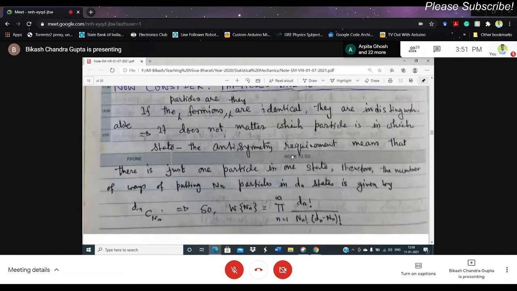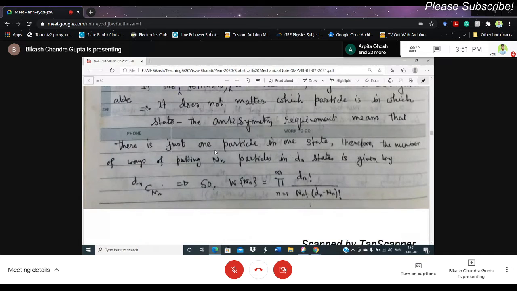The anti-symmetry requirement means that there is just one particle in one state, and therefore the number of ways of putting nn particles in dn states is given by dn choose nn, right? Because either a state will be vacant or a state will be occupied by a single particle. You have dn states and you are putting nn particles, then it should be dn choose nn.